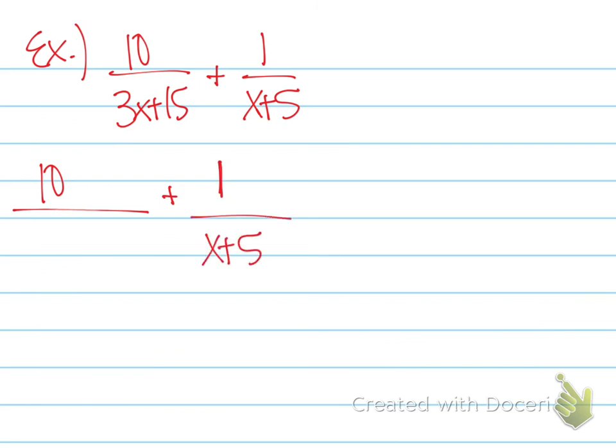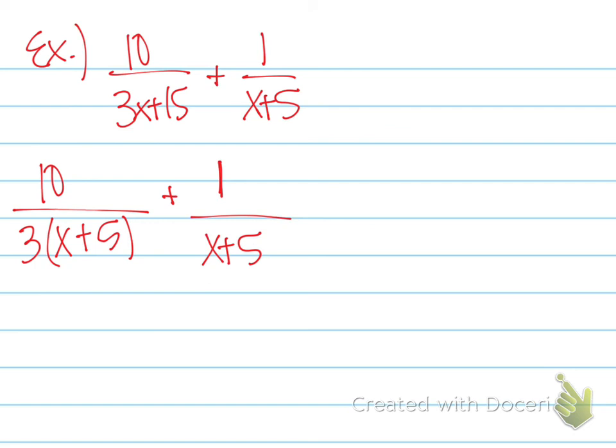But I can simplify 3x plus 15. And I'm going to factor out a number. What is the number that goes into both 3 and 15? Well, 3. So I've got a 3, but I want a 3x. So I need an x, and I've got a 3, but I want a 15. So 3 times what is 15? Plus 5. Okay?